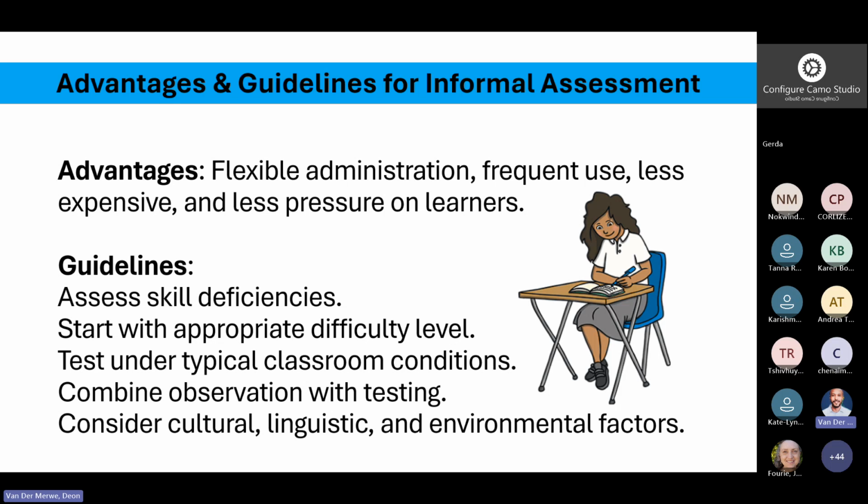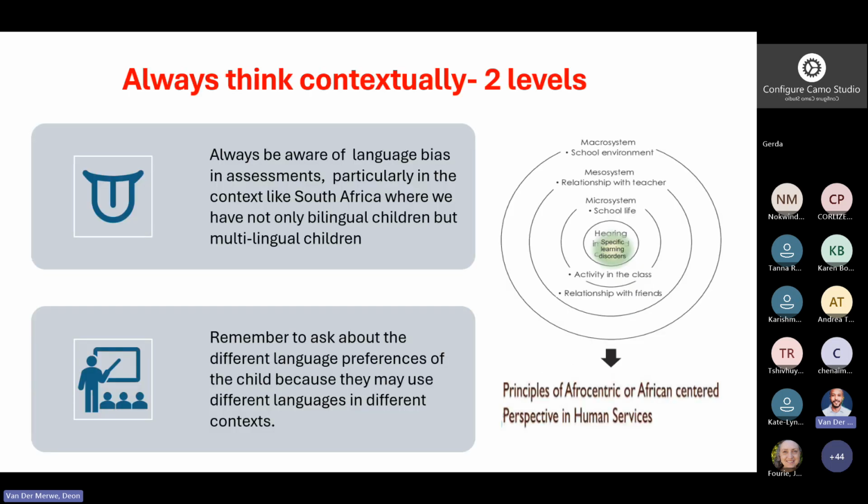And also try to combine the observations of the learner's behavior with the informal testing, as well as make sure to distinguish between skill gaps and factors like culture and language, as well as the environment of the child, which really impacts on individuals.